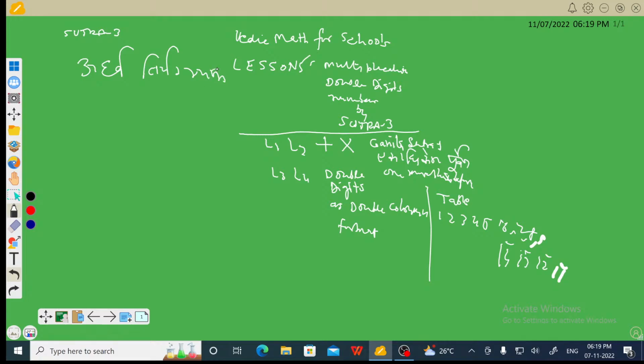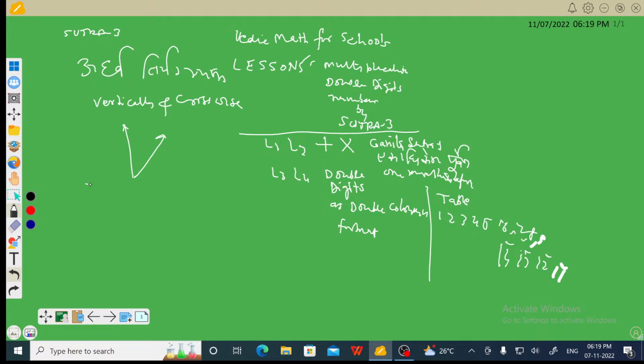Literally it means vertically and crosswise. Simple expression is going upward and also going diagonal wise.